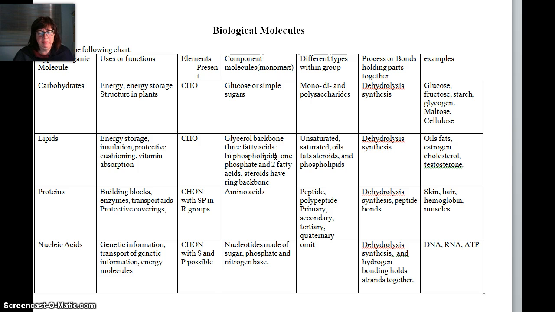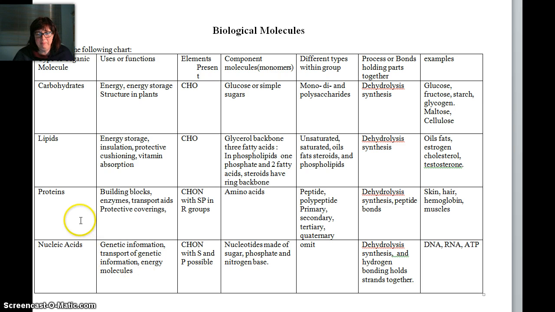With your phospholipid, you have 2 fatty acids, and one of the fatty acids is replaced with phosphate. Then you have steroids, which are ringed ones. They can be saturated or unsaturated. The examples here are fats, oils, estrogen, and cholesterol, which are steroids because they have rings.